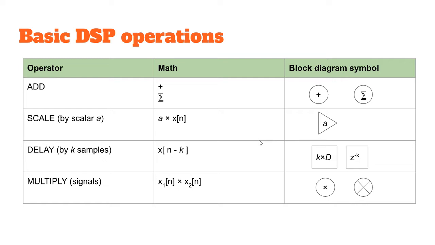Then we have multiplying of signals. Multiplying signals is the same as mixing. In your RF design course, you have probably already gone through this: how to make a FM modulated signal, where you have your data signal going to one input of the multiplier, and then you have just a sinusoid, the carrier frequency, going to the other one.